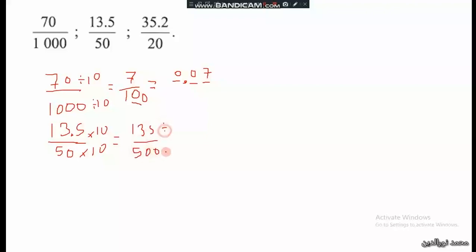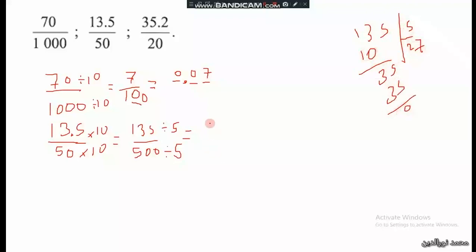So then we have to divide both terms by 5. 135 divided by 5 is 27, so it's 27 over 100, and it becomes 0.27. Why? We have 2 zeros and 2 decimal digits.